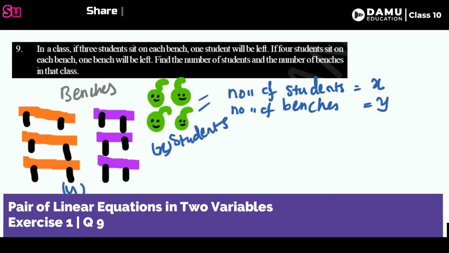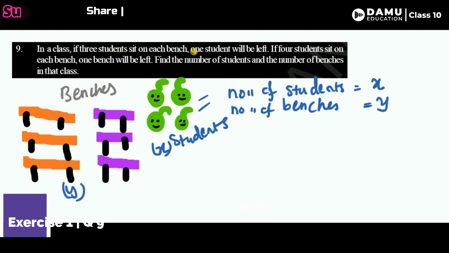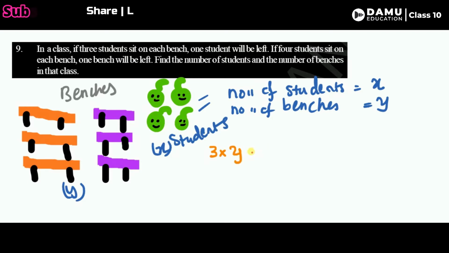The first condition is, if 3 students sit on each bench, that means 3 students for each bench. So 3 into the number of benches will be equal to how many students? Students minus 1, since 1 student will be left.